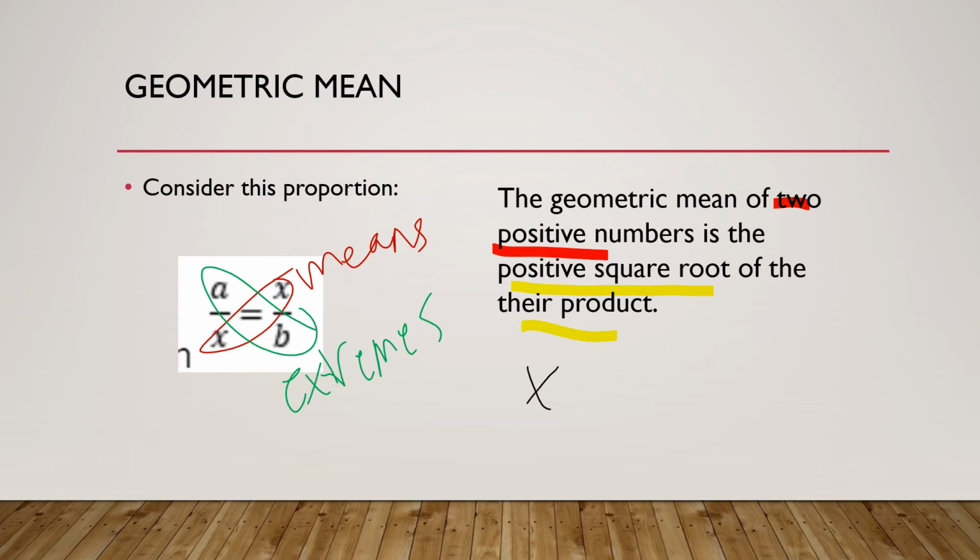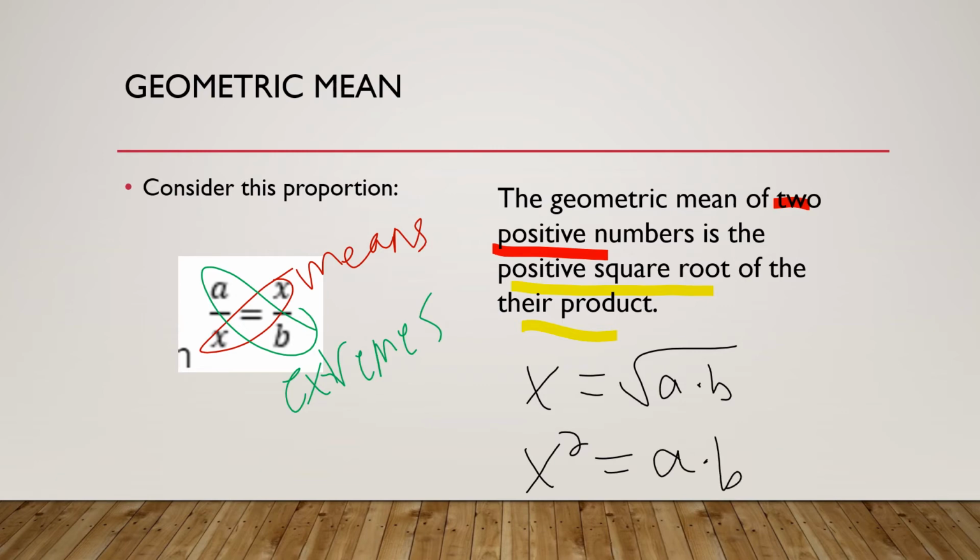So x is the mean. It is equal to the square root of a times b. And we're going to take the positive square root, because x squared, when we're doing our proportion, is equal to a times b.